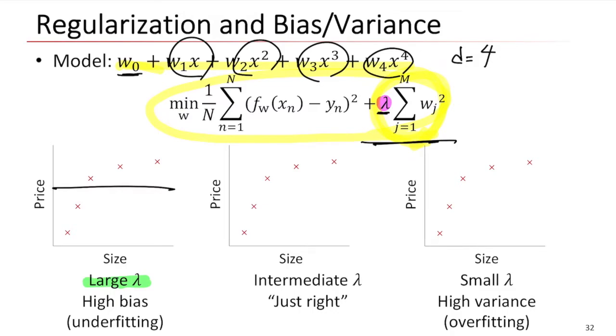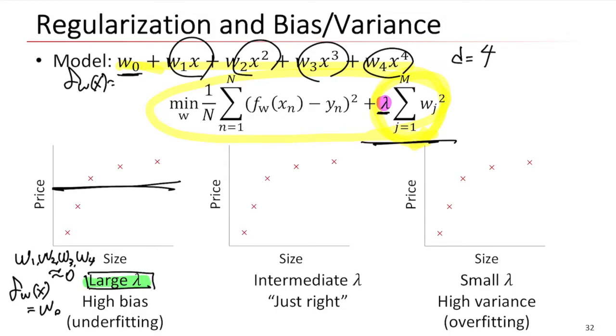Because in this case, W1, W2, W3, and W4 will be approximately 0, and there will be only a constant term. So if we have a very large lambda, it generates the high bias and underfitting problem.